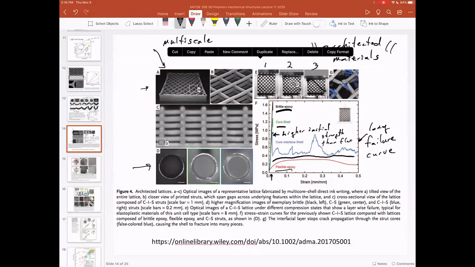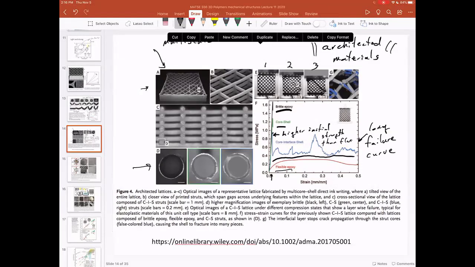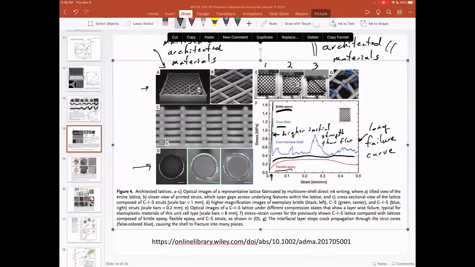architected. Oh, let me get rid of this thing. Or multi-scale materials, or you hear lots of different nomenclature for this. But this is how some of the most outstanding materials work in nature.